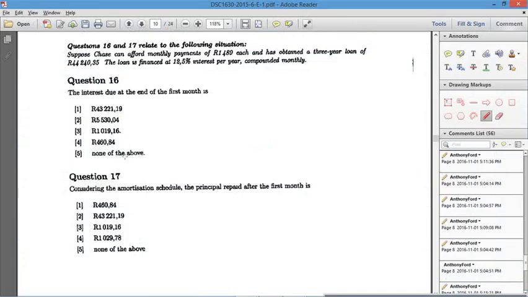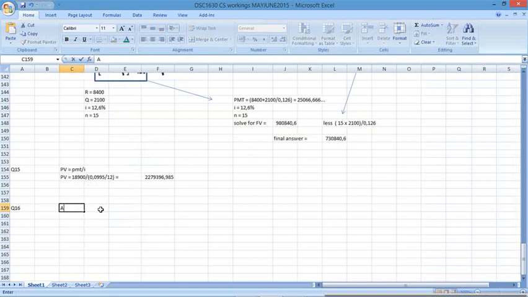Alright guys, question number 16. Suppose Chase can afford monthly payments of that and has obtained a 3-year loan of that. The loan is financed at 12.5% interest compounded monthly. The interest due at the end of the first month. Okay, so this is an amortization type of question. You're going to have to use the amort button or function on the financial calculator.